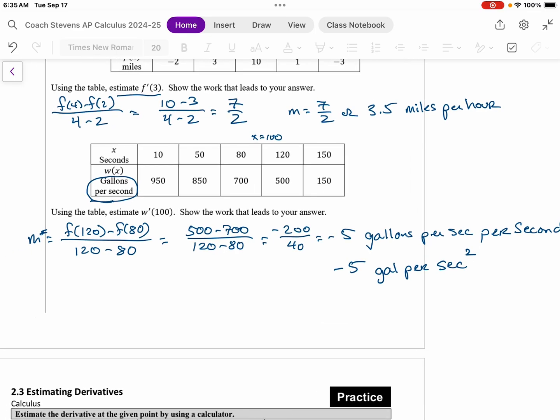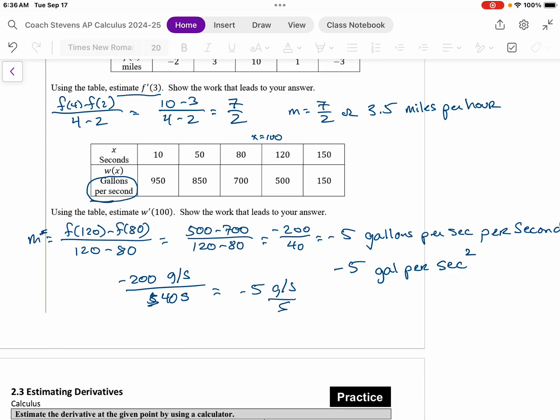And again, if we just look at the units aspect, as we start the problem, it's like negative 200 gallons per second over 40 seconds. And so now as I create this, we know it's going to be negative 5 gallons per second over seconds. Whoops, sorry, it looks like an 8.